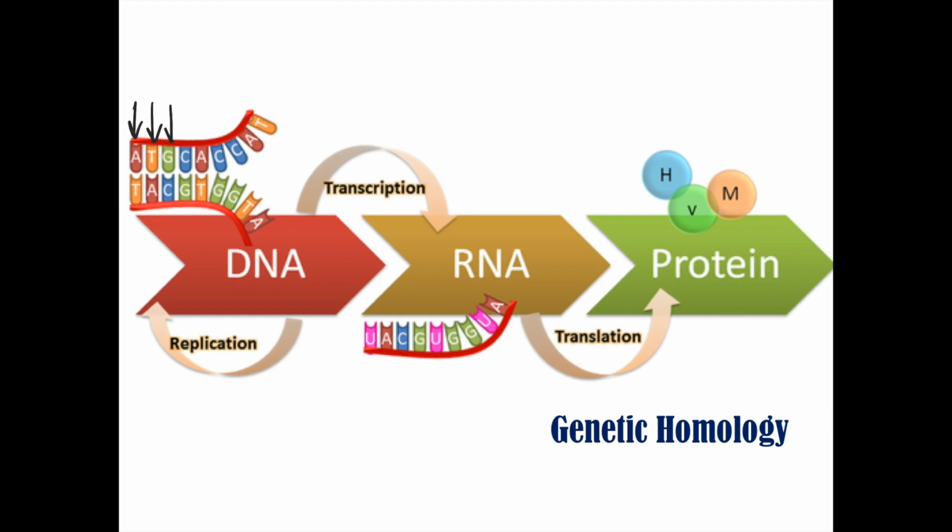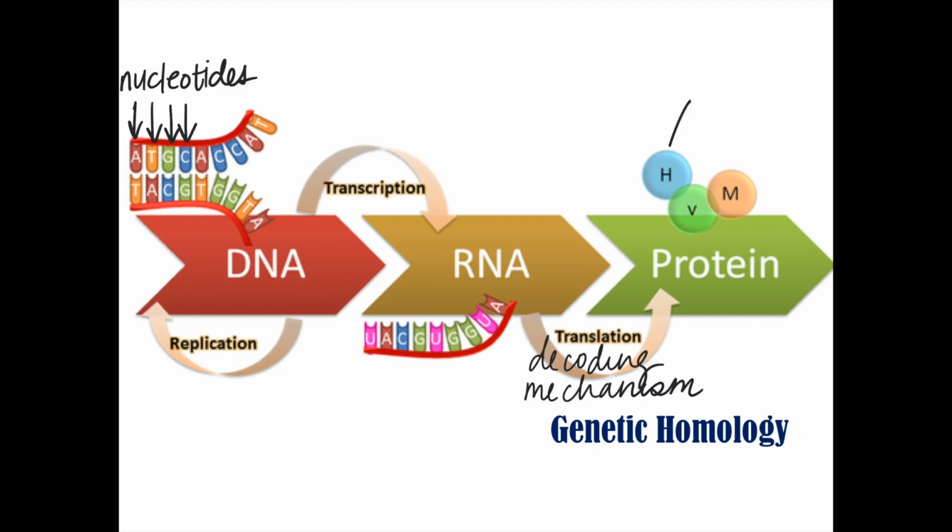Not only that, but the instructions contained in the DNA are read using an identical decoding mechanism, and the proteins that are made as a result are all constructed of the same amino acids. This is known as genetic homology, and it provides us with very strong evidence that all of life on Earth likely evolved from a common ancestor.